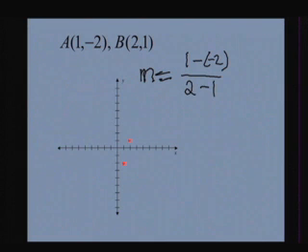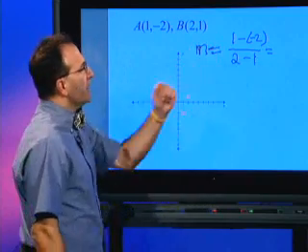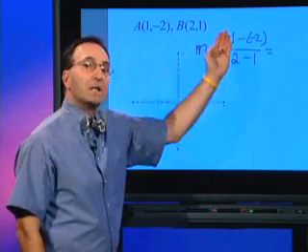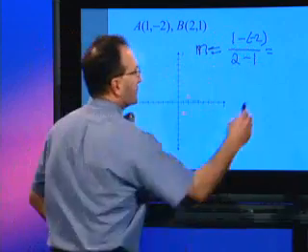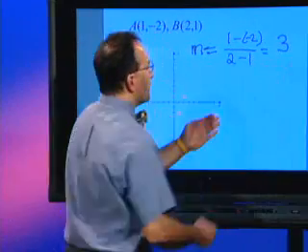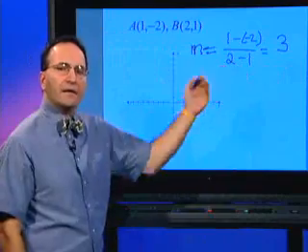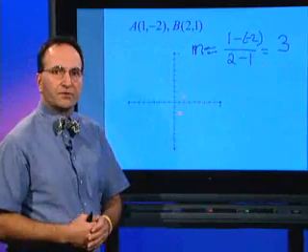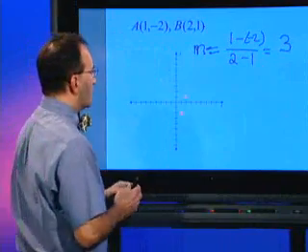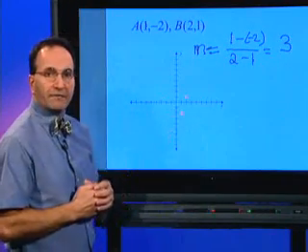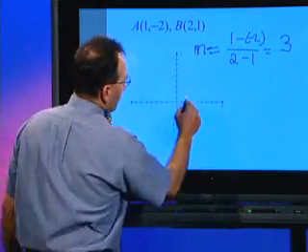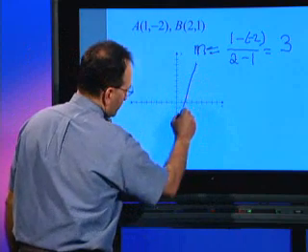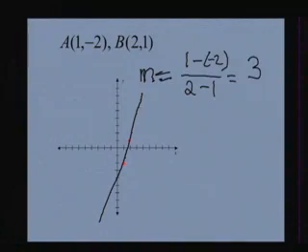On the top, of course, the double negatives become positive, and so that would really be 1 plus 2, which is 3. And then on the bottom, it's 2 minus 1, which is 1. And of course, 3 divided by 1 is just 3. So our slope is 3. Now let's draw the line on the graph itself. So we draw a line that goes through those 2 points, and it would look like that.